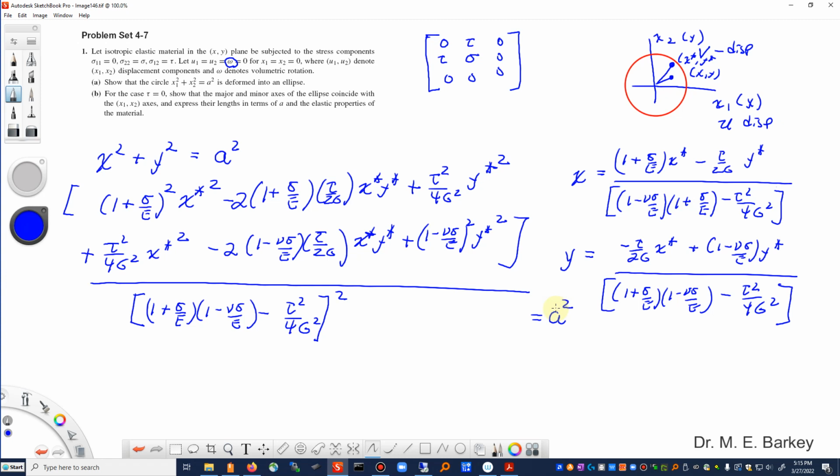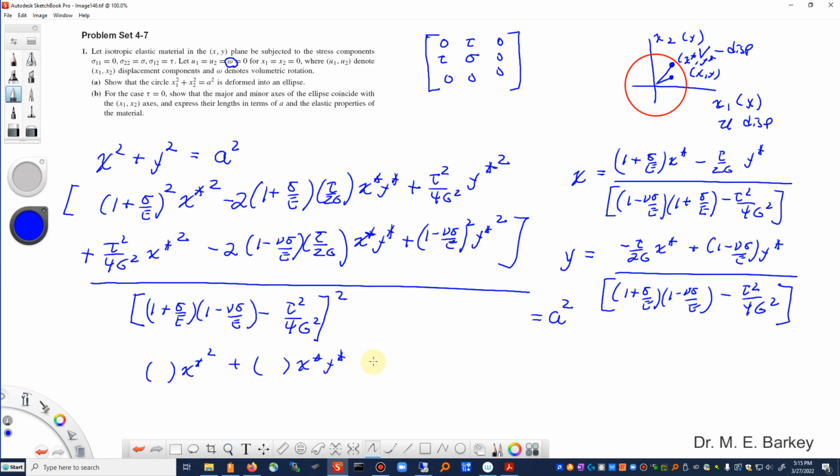All right. If we group terms, maybe we can do a lot more algebra to make this look prettier. But if we group terms, what we're going to see is that we have some kind of term times an A times an x star squared. We're going to have another term that looks like x star y star.